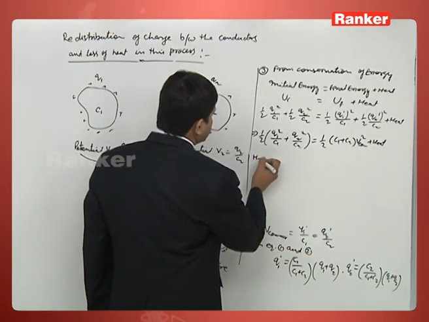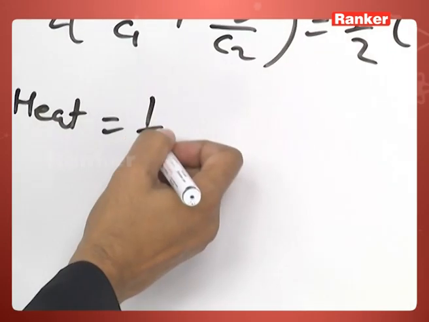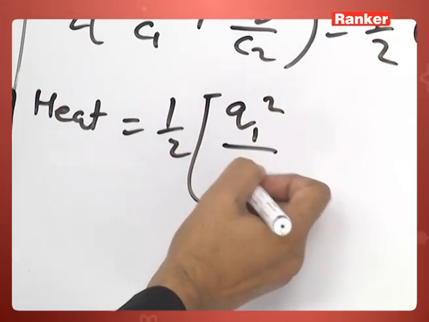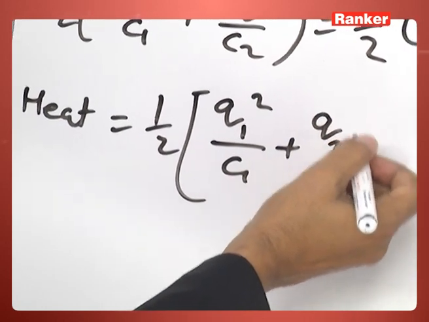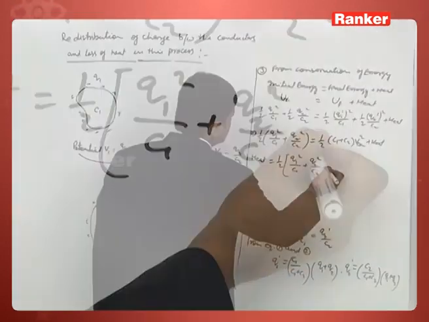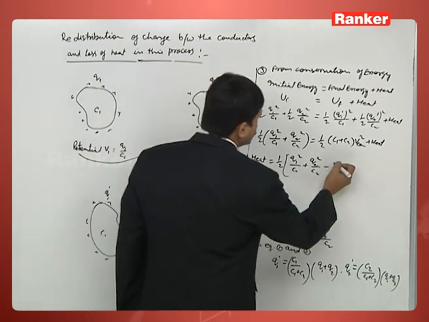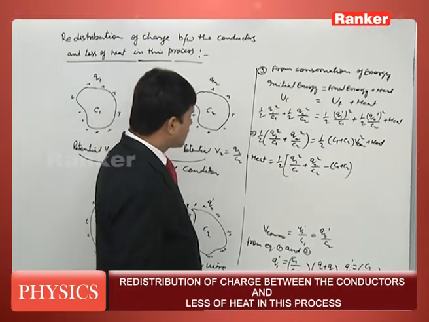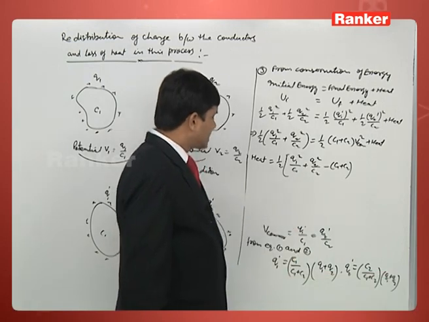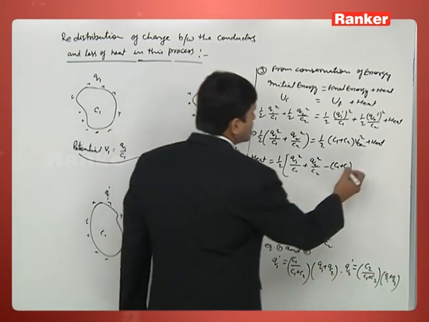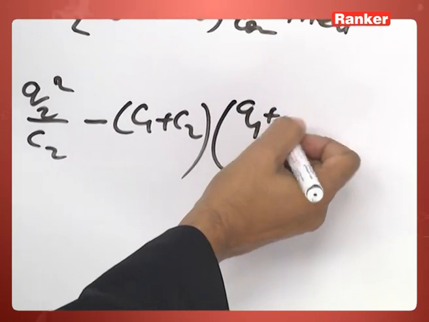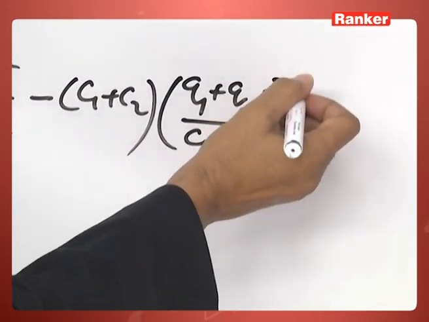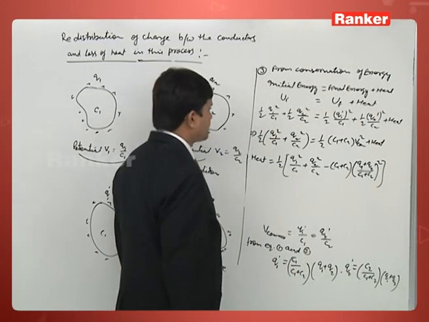So heat is equal to 1 by 2 of Q1 square by C1 plus Q2 square by C2, minus C1 plus C2, and V common is Q1 plus Q2 by C1 plus C2, whole square.